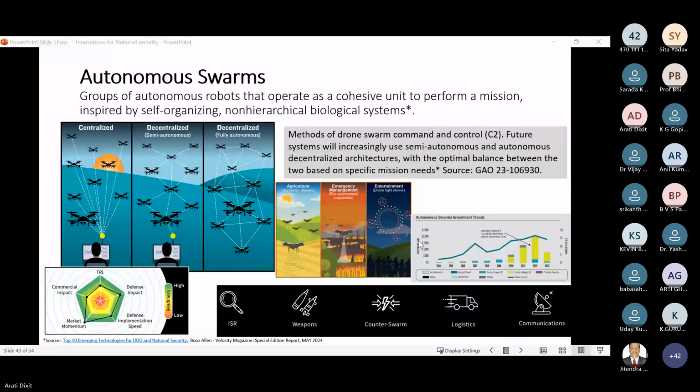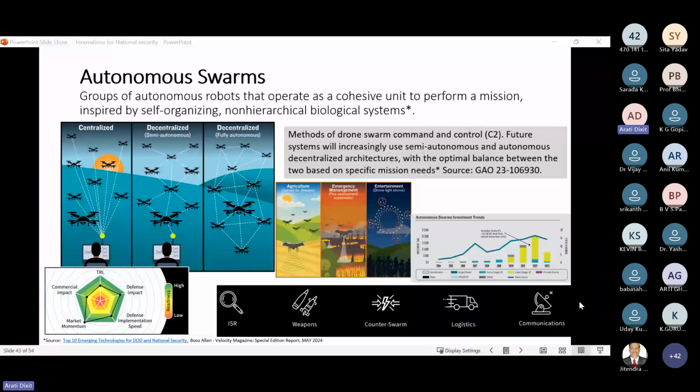And on the bottom, you can see different areas of implementation of this technology, right? ISR, weapons, counter swarm, logistics and communication, and so on. So this is the third area of importance, or technology, that matters for national security.